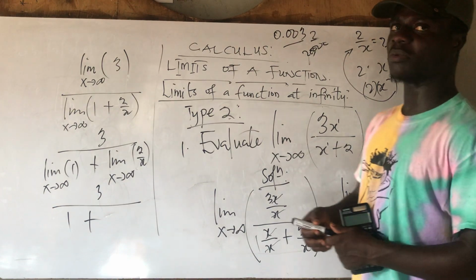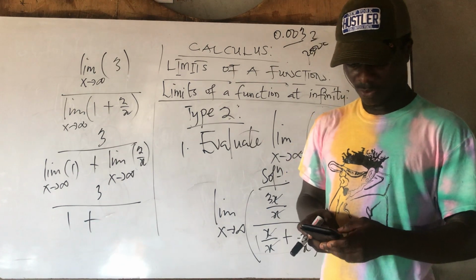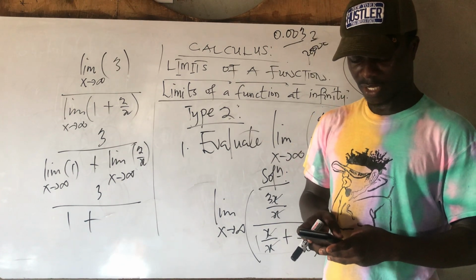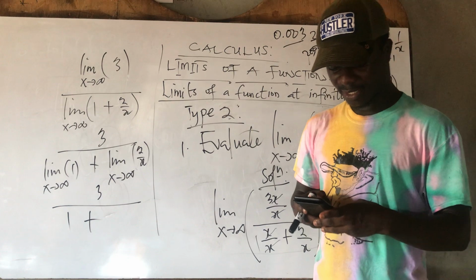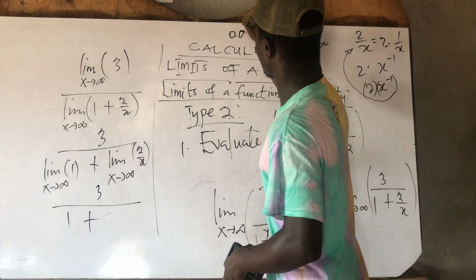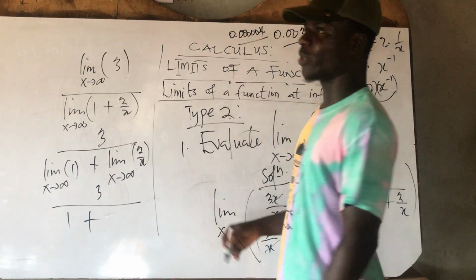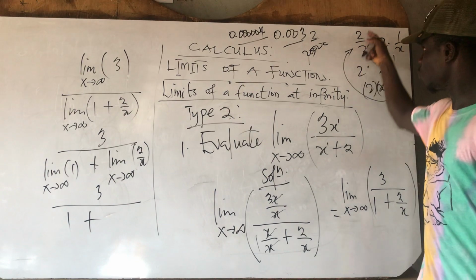You can take x to be, let's say, 500,000. So still we are getting 0.000004.